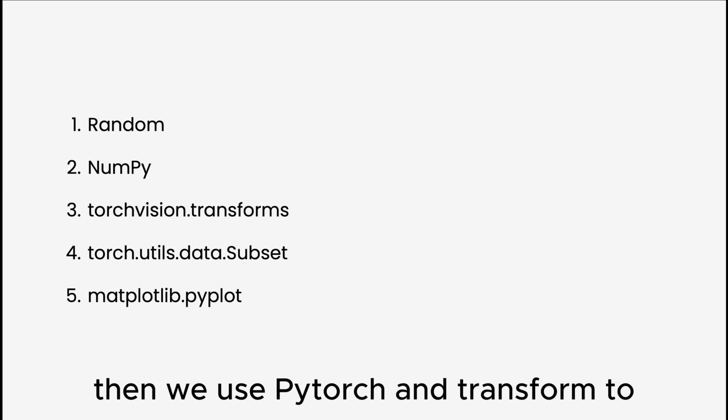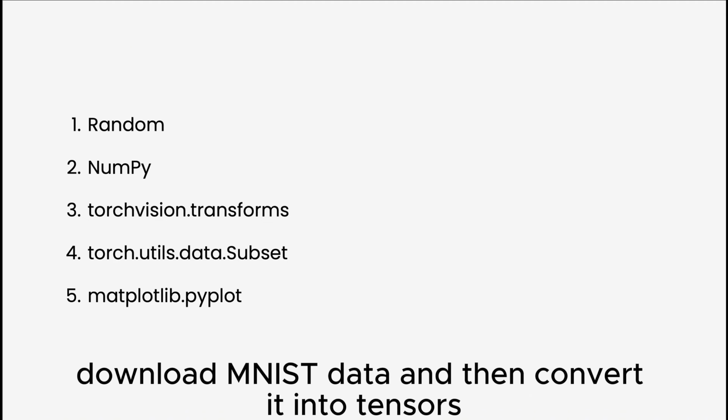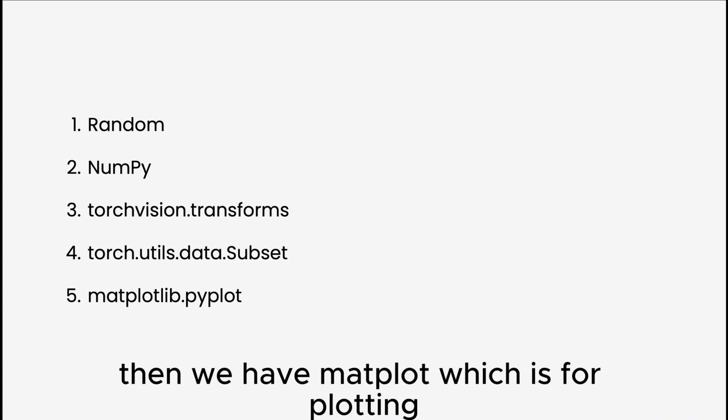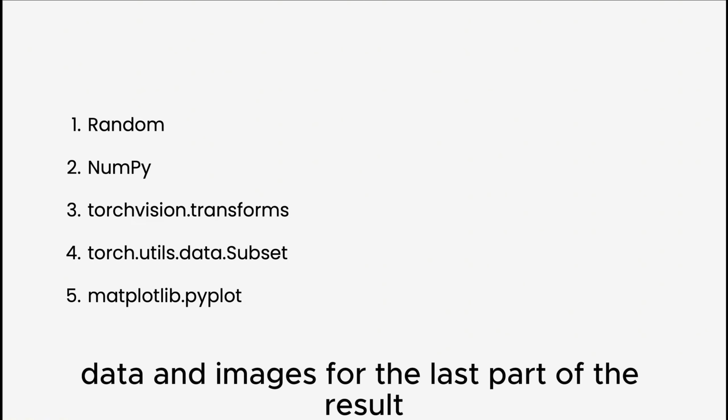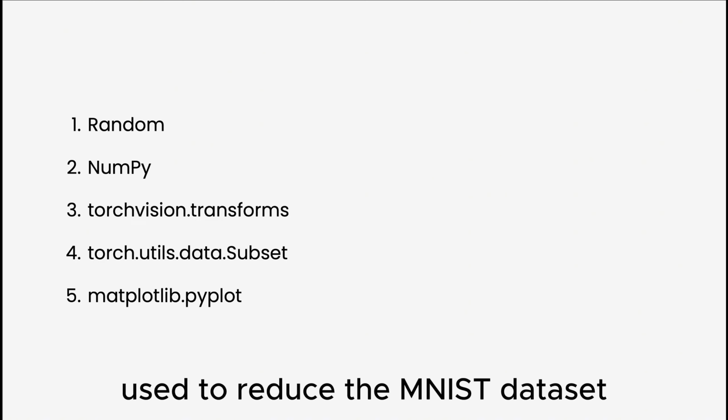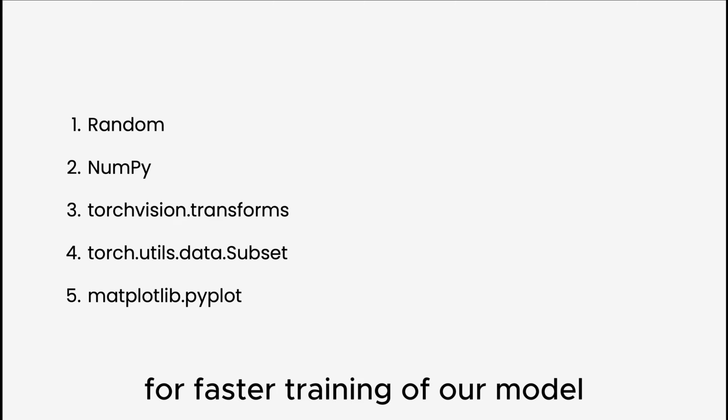Then we use PyTorch and Transform to download MNIST data and then convert it into tensors. Then we have Matplot, which is for plotting data and images for the last part of the result. And then we have PyTorch utility, which is used to reduce the MNIST dataset for faster training of our model.